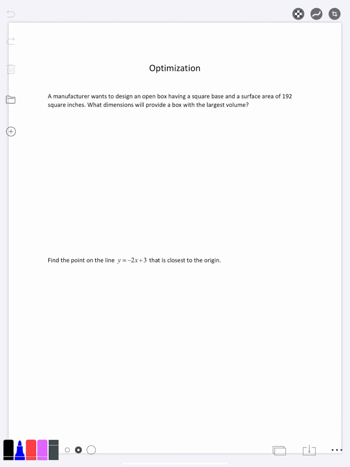Okay, so let's take a look at a box here and see what dimensions we're going to have. So I'll draw a little box. Now there's one thing I want to point out that's actually critical for us to be able to solve this problem in this class, is that we need the box to have a square base.